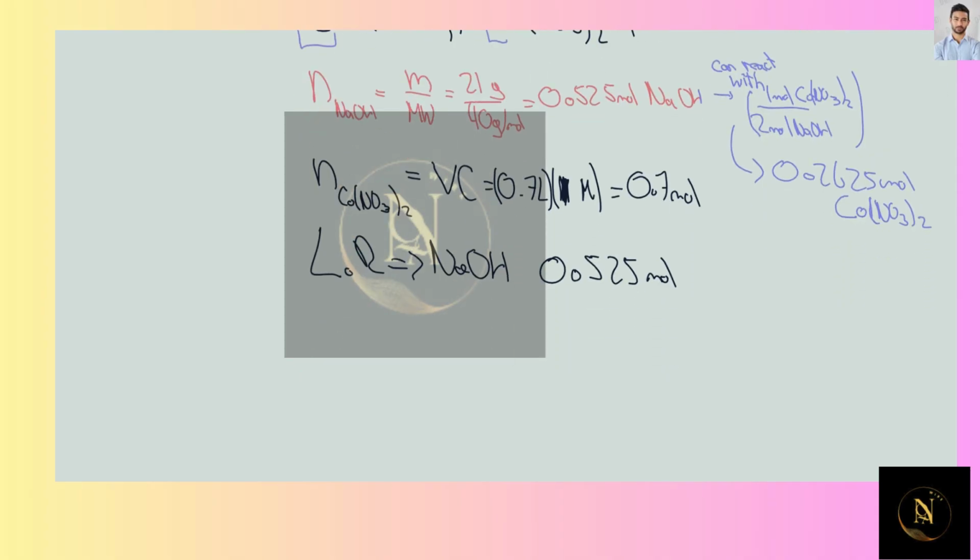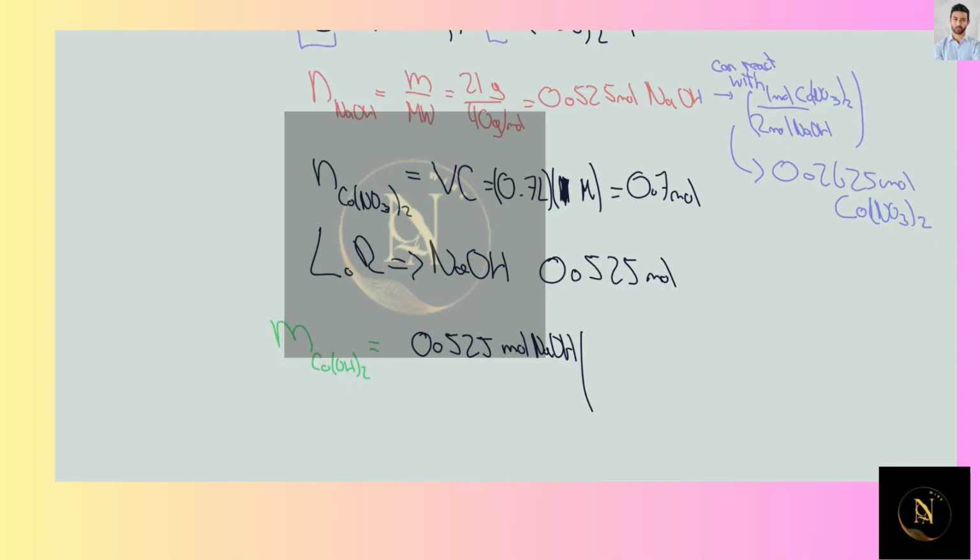So the amount of mass of cobalt hydroxide that is going to precipitate is going to be equal to, we're going to start with the amount of mole that we have of sodium hydroxide in our solution, 0.525 mole sodium hydroxide.